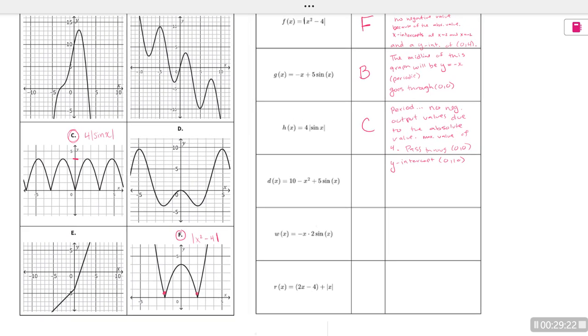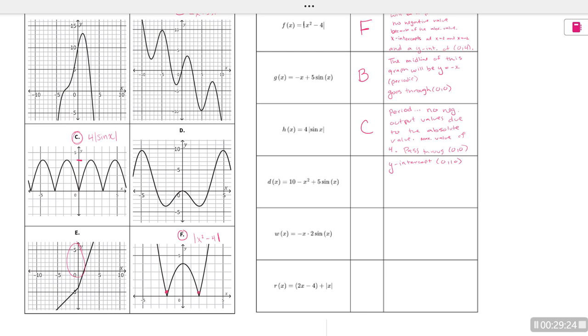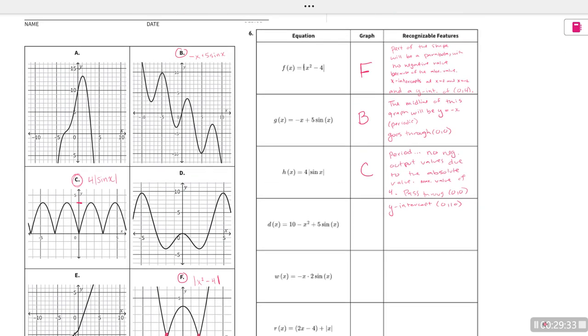So that might be a quick way to eliminate a bunch of graphs, because I definitely don't have a y-intercept of 10 here. We already matched this one, but that's not 10 either. No y-intercept of 10 here, and no y-intercept of 10. So right here we have a y-intercept of 10. That information is enough by itself to say, hey, this must be A.